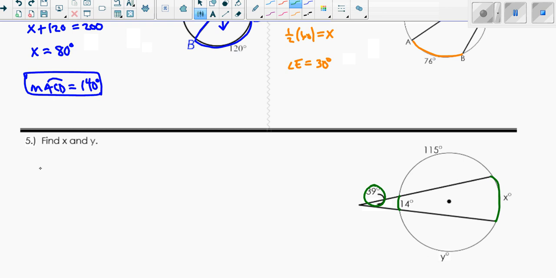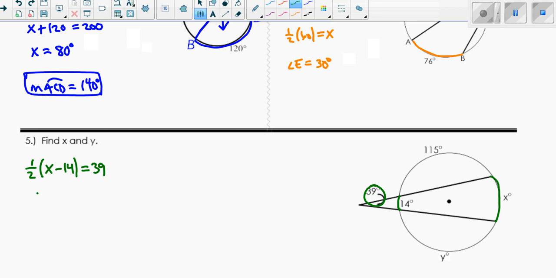So again, just like the last one, I'm going to take half, and I always need to take the larger arc first. Otherwise I'm going to subtract and get a negative. So my larger arc is x, it's always the furthest one away, minus 14 equals the angle outside, which is 39.